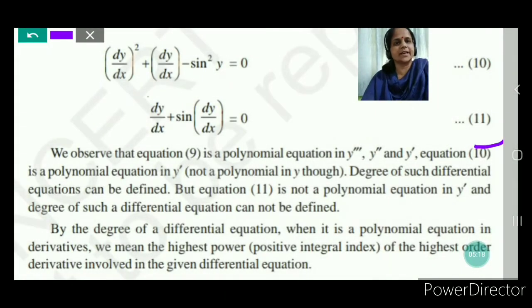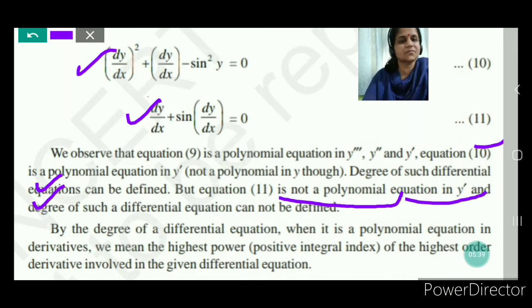Equation 10 is a polynomial equation in y dash, not a polynomial in y. So the degree of such differential equations can be defined, but equation 11 is not a polynomial equation in y dash, and the degree of such a differential equation can't be defined.